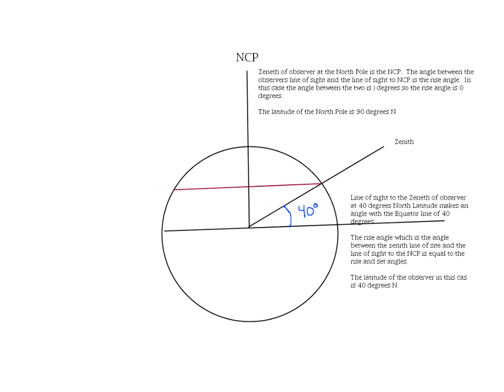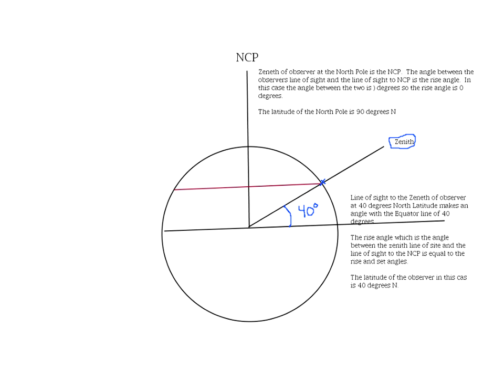Okay. So when a person is here, their zenith is right here, and their line of sight, if you extend it to where it intersects the equator, makes an angle of 40 degrees with the equator, and that's their latitude.